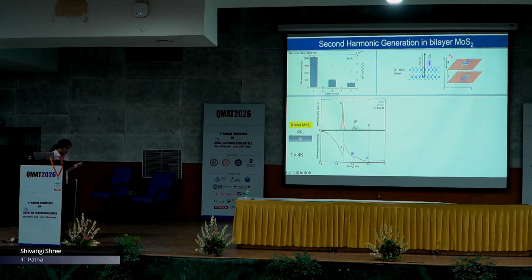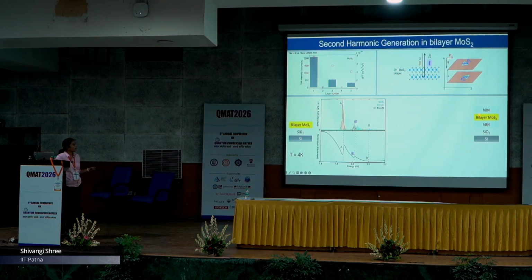Now we got this question: where is this second harmonic signal coming from, because it is naturally 2H stacking, so we do not expect any second harmonic. So, then I tried to make the structure symmetric, maybe the asymmetry is coming from the structure itself.